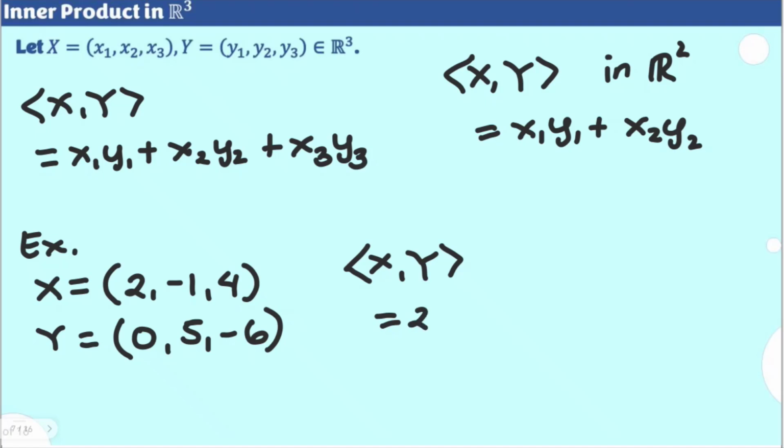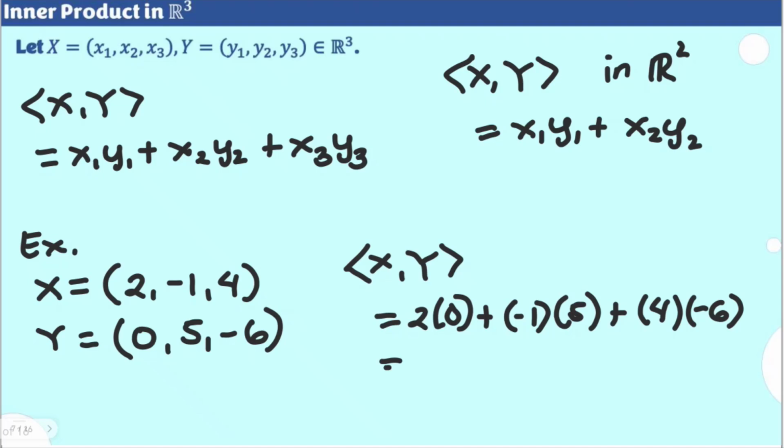So you have 2 times 0 plus -1 times 5 plus 4 times -6. You will get 0, minus 5, and minus 24, which would give us a result of minus 29. This is how we solve the inner product in R3.